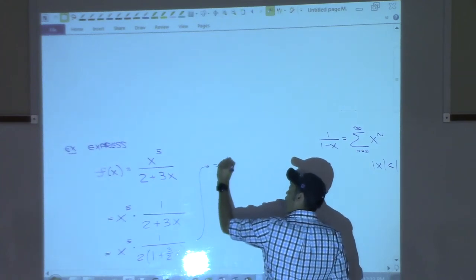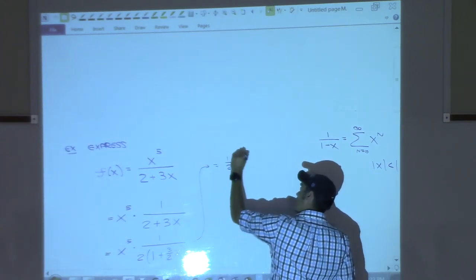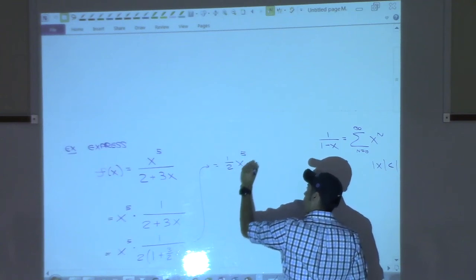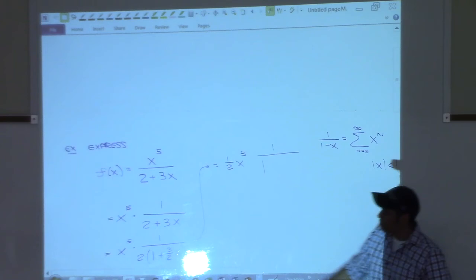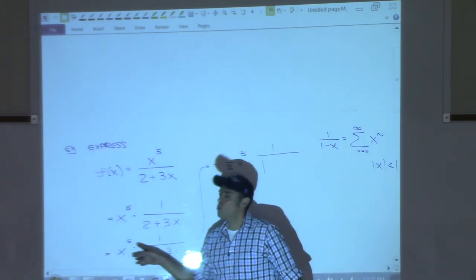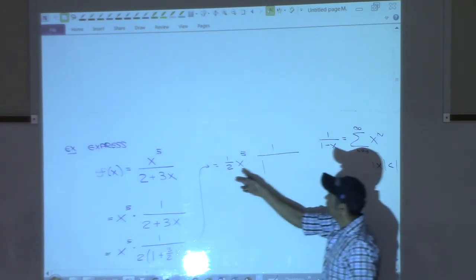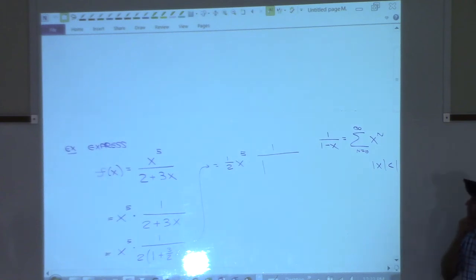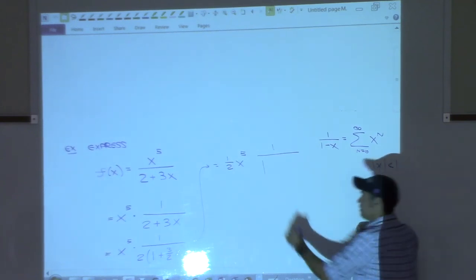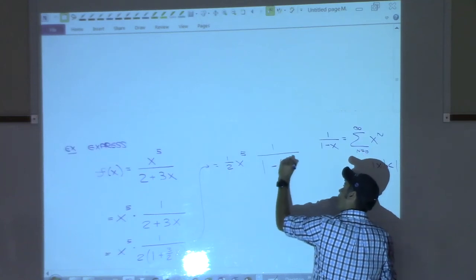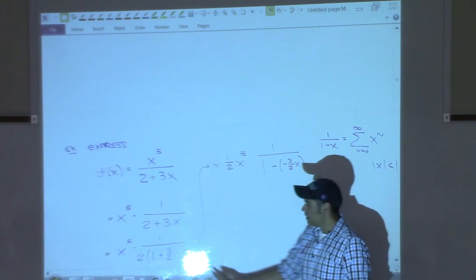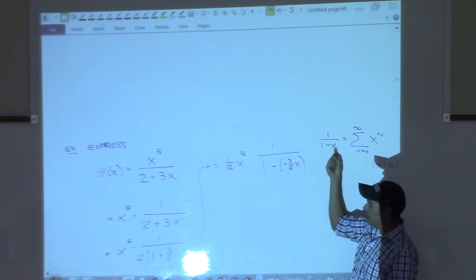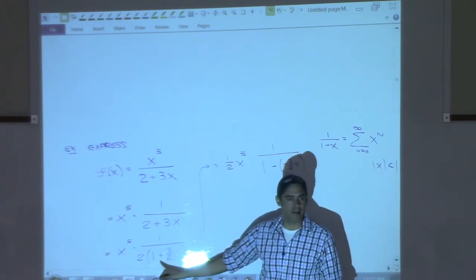I'm going to write that as 1/2 x to the 5th times 1 over 1. So I brought the 2 that's down here, I just brought it as a 1/2 out in front of the whole thing. And then what do I have down there? 1 minus negative 3/2 x. Again, needing a minus here to match the formula, I need to make that a minus minus.